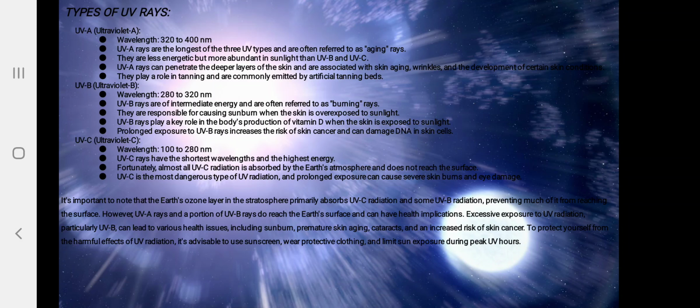UVC is 100 to 280 nanometers. It causes some eye damage or even skin burns. Some of these UV rays do provide you vitamin D, but if you go in the sun a lot, then you're going to be tanned due to these UV rays.